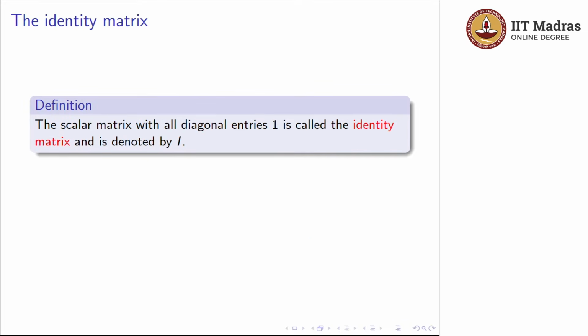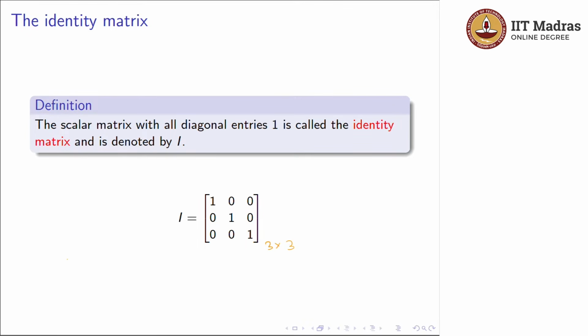And an even more special case is where you have a scalar matrix, but in the diagonal positions the entries are all 1. This is called the identity matrix. This is something very important, and it has a special notation. It's denoted by I, capital I. So here's what I is: 1 0 0, 0 1 0, and 0 0 1. Again, I'll remind you, this is 3x3. I'm not saying what the size of the matrix is.